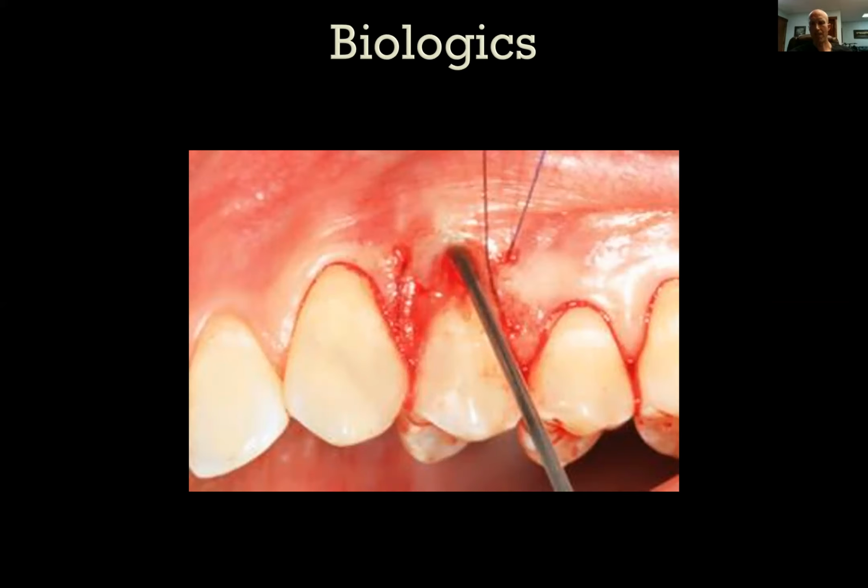Again, it's a feel-good thing. I really prefer the appearance and the feel that I see with autogenous tissue. Even with an allograft over a biologic, I feel that the results are more long-lasting and more natural.